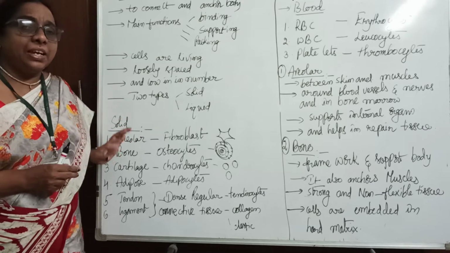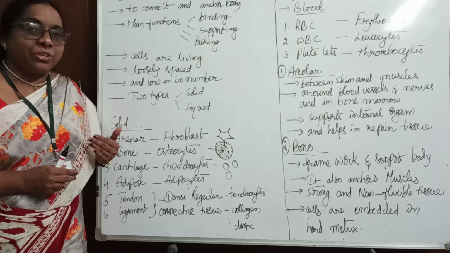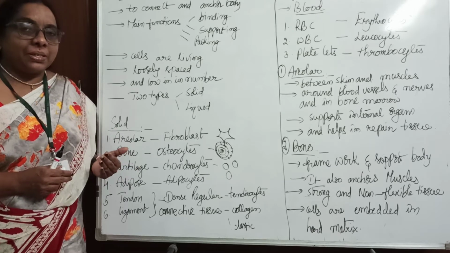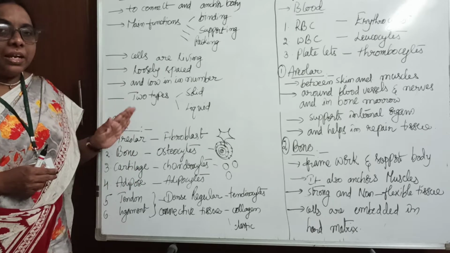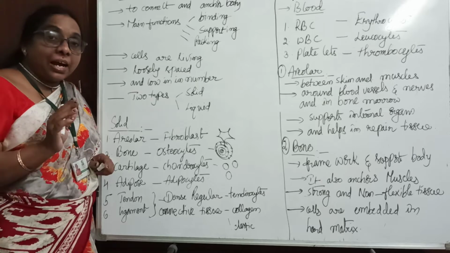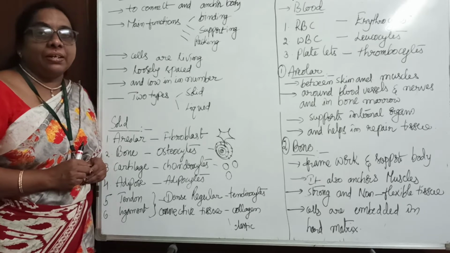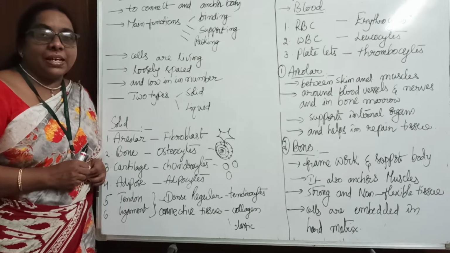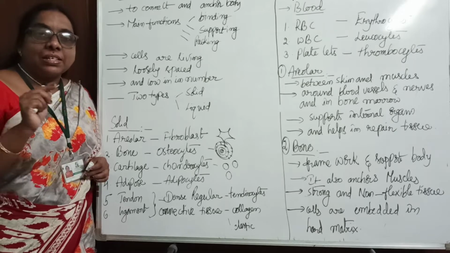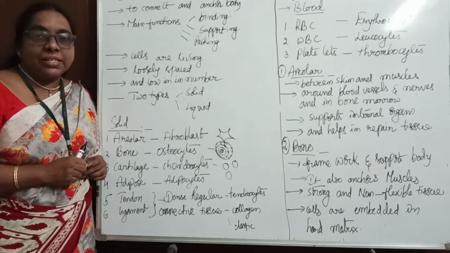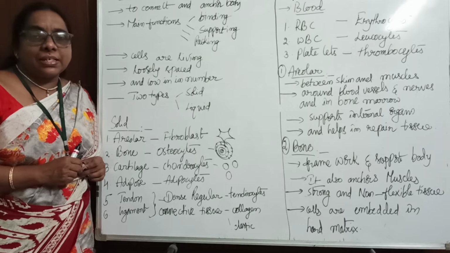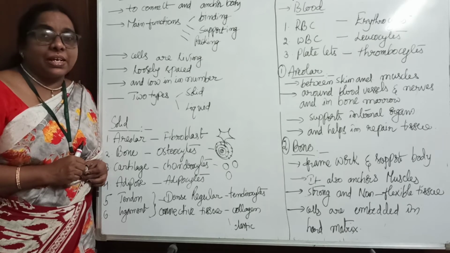Now we have to study all these tissues again in detail: what the cells are, where they are present, what their function is. Let me explain once again that there are 6 types of connective tissue. First is areolar tissue, the cells are fibroblasts. Second is bone tissue, the cells are osteocytes.